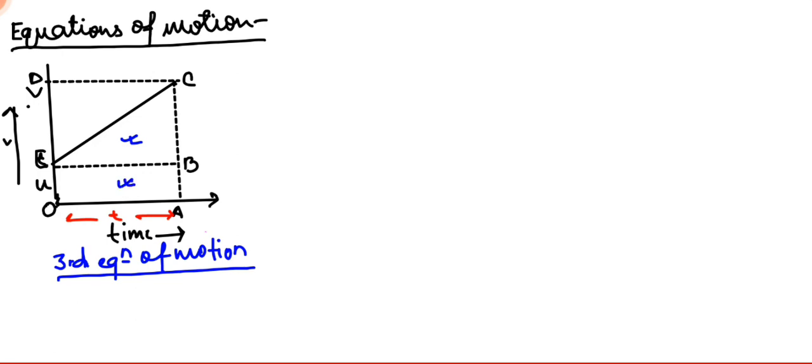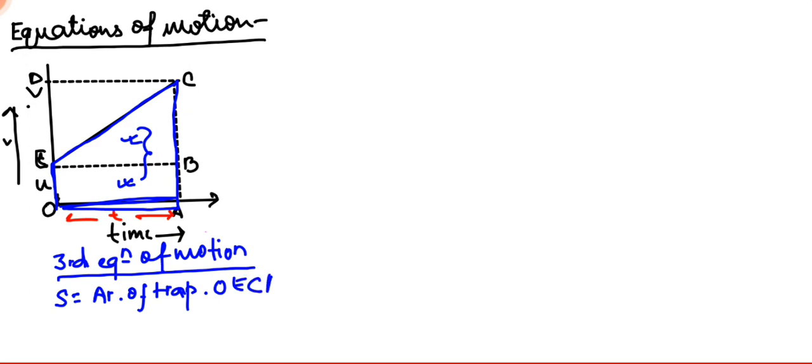But here in the third equation, we can clearly see a trapezium shape, that is OECA. So we will find the area of this whole trapezium. So S is equal to the area of trapezium OECA.